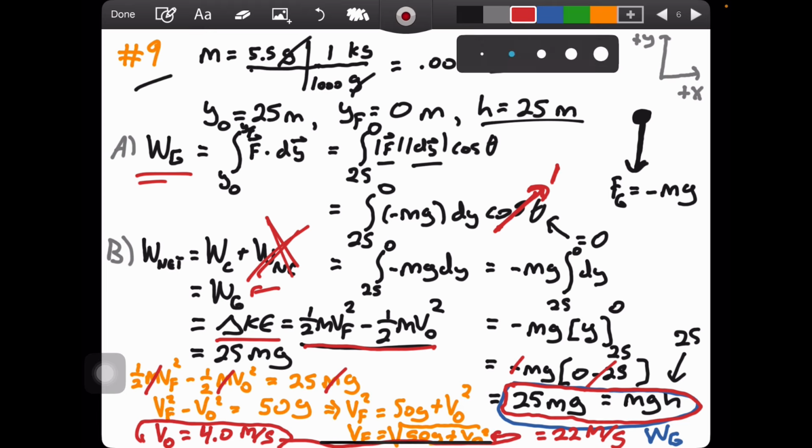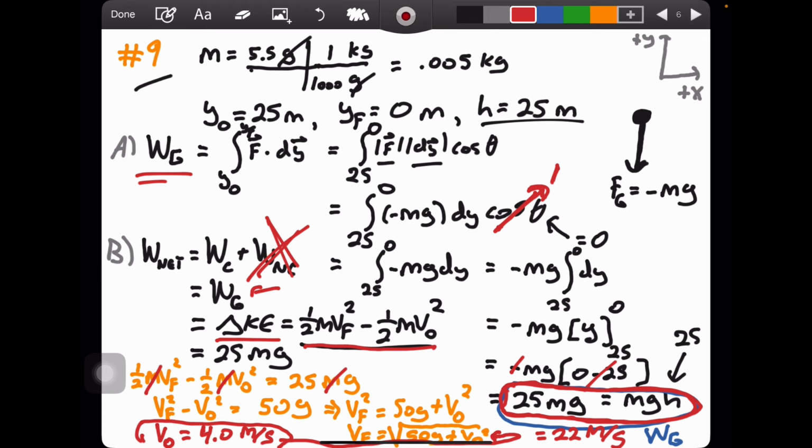In other words, when it falls in the direction of gravity, gravity does 25 mg, which is the same thing as saying mgh, of positive work, when gravity's direction is parallel to the direction of displacement. When gravity's direction downward is anti-parallel to upward displacement, it's doing negative work in precisely the same amount.